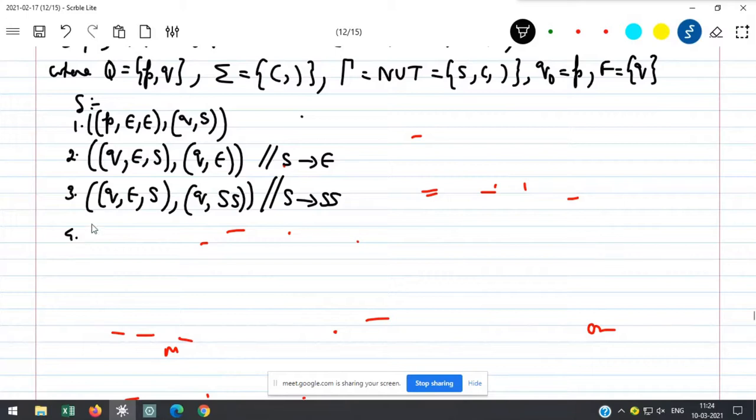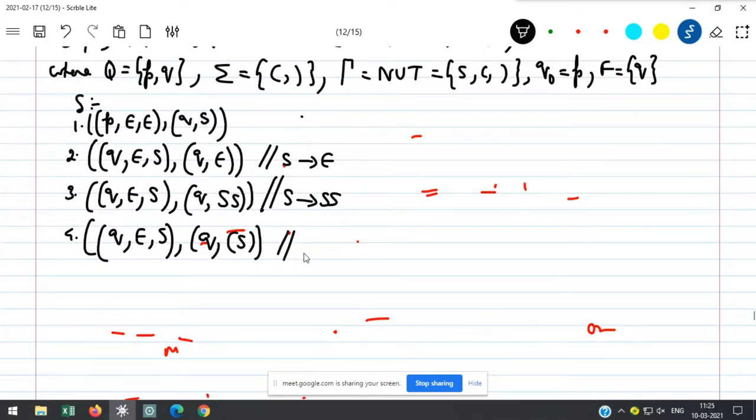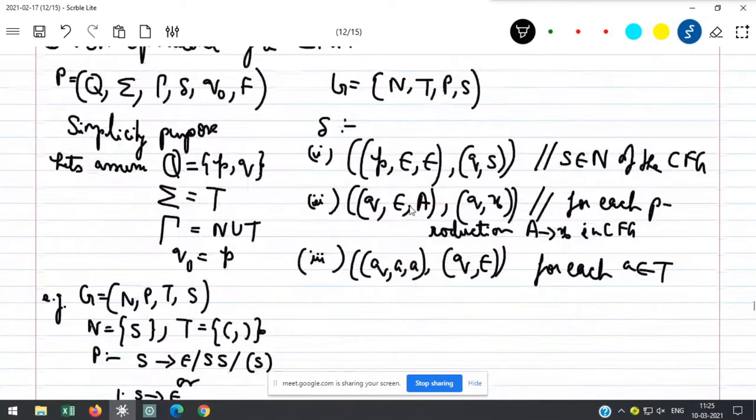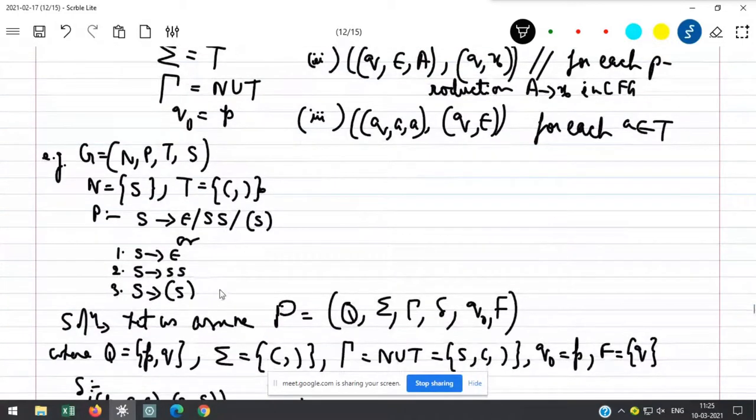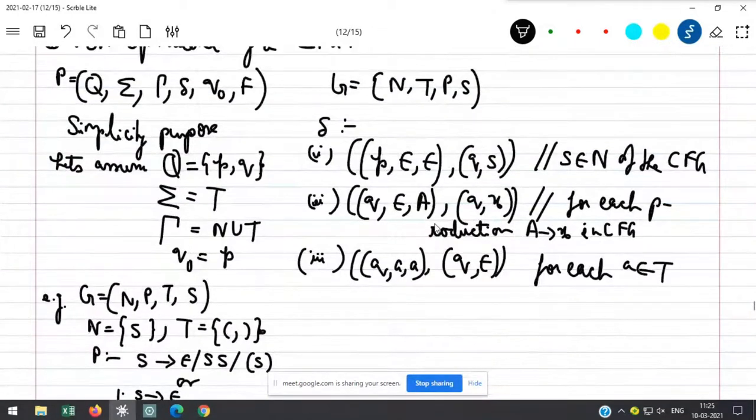Don't get confused. Q epsilon S, then Q is being done. As per the rules for the second one, for all the productions given to us, we have inserted the transition of this format.